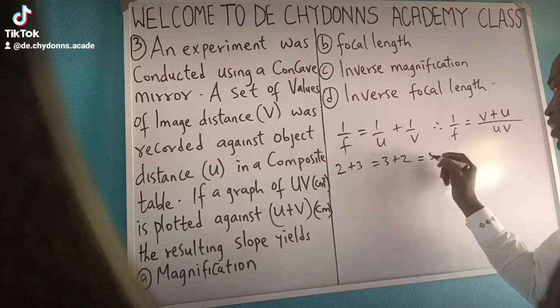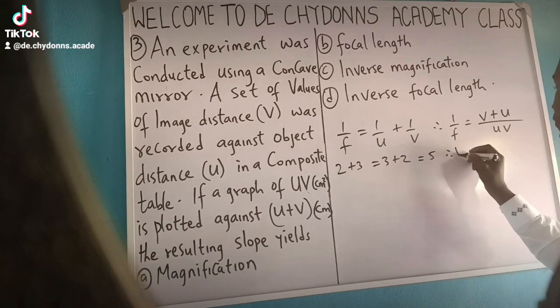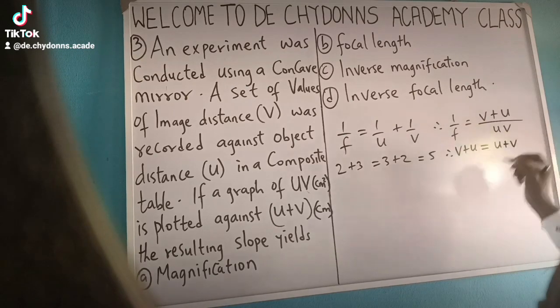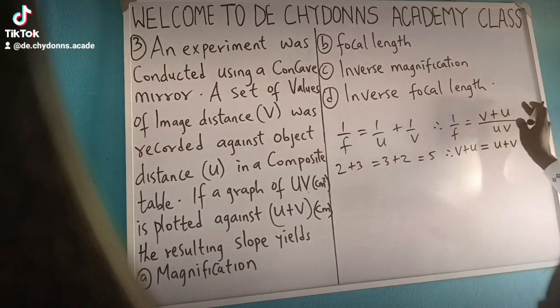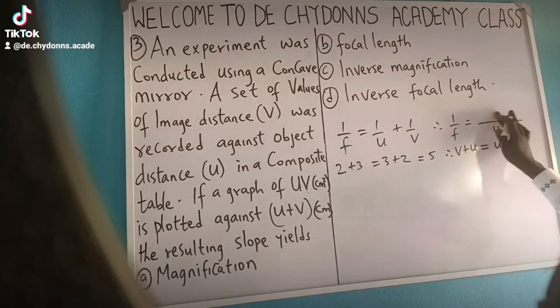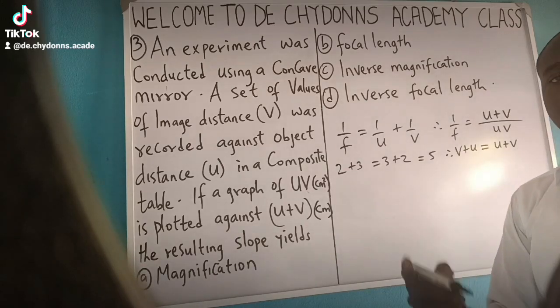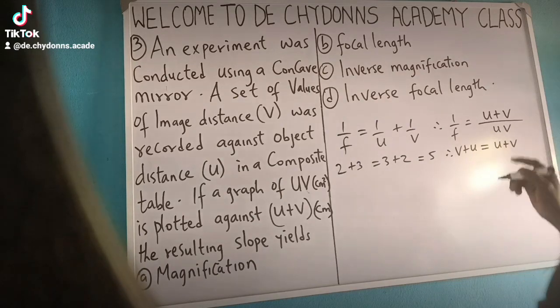That is, they will give you the same answer, 5. That means, therefore, v plus u is the same thing as u plus v. I hope you understood it. So, I can now change it to u plus v, because of the commutative property of the sum of two numbers.